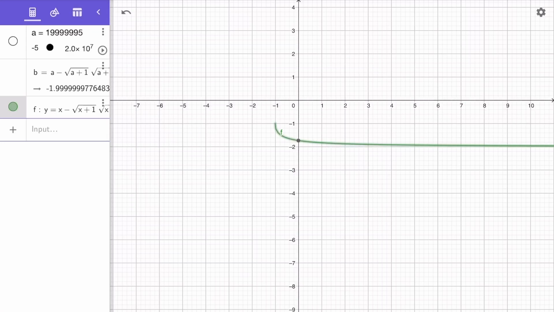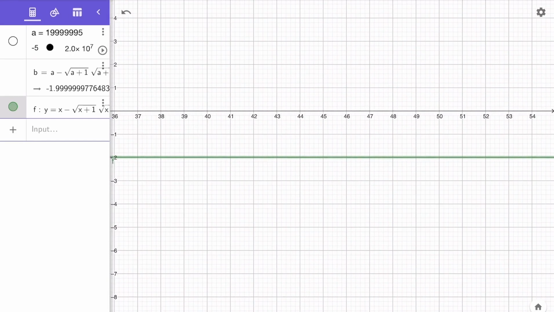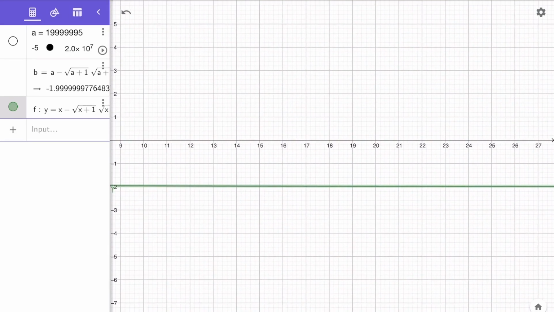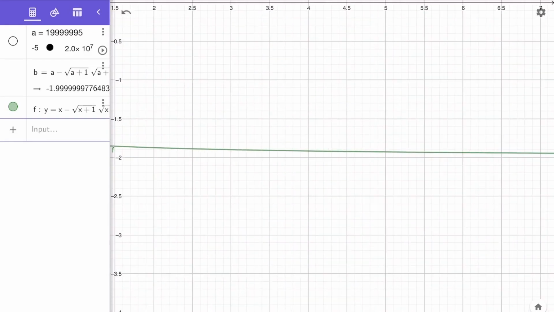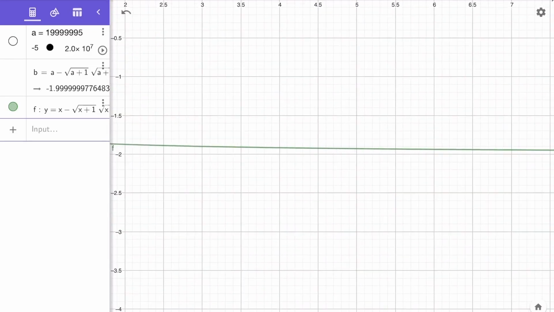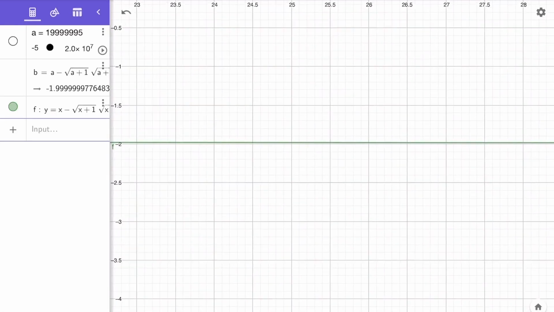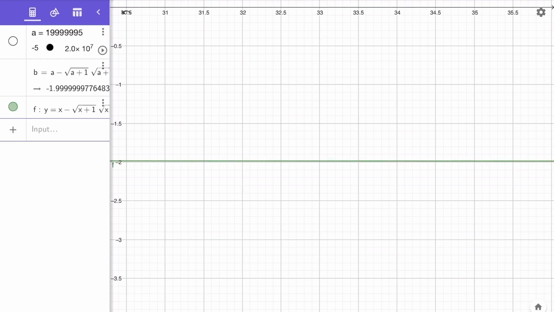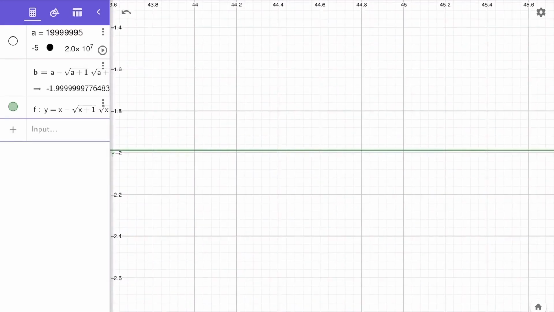So which is your a_n, or the general term for your sequence. And as you get bigger and bigger values of x, you can see here you're approaching minus 2. So the limit of your function for the sequence is equal to minus 2, right? So you see, as you get x bigger and bigger, even for small numbers like 100 or 50, it is really close to minus 2.